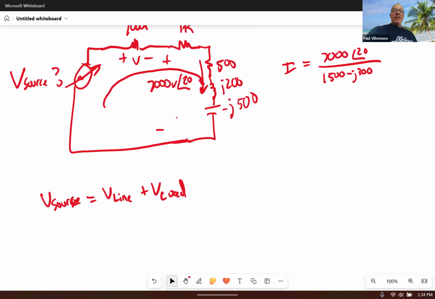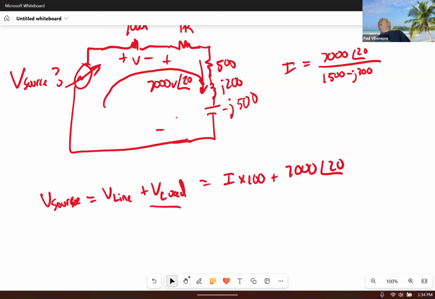And how do I get my line drop? Hopefully you see that. That's just I times 100. That's V line. That's the voltage drop across the line. Now, I need to know what my load voltage is. That's 7,000 at an angle of 20. Okay?